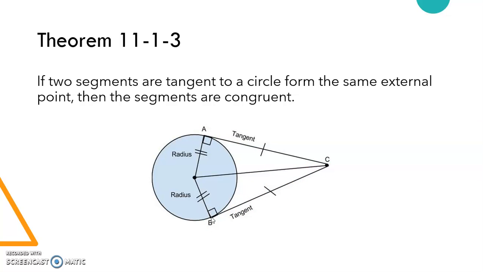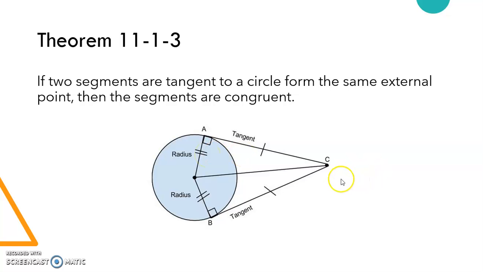Now, what you'll notice is that this will make congruent triangles because we know that this segment is congruent to itself. We know the radii are congruent to each other, and we know we have a 90-degree angle here. Okay, so that makes hypotenuse leg congruence in both of these triangles, and that's why this is true.